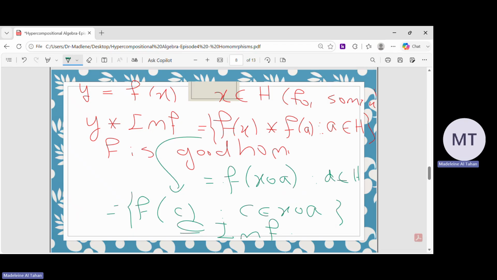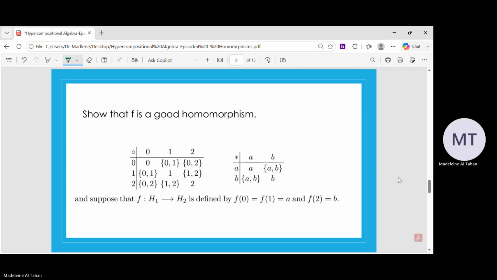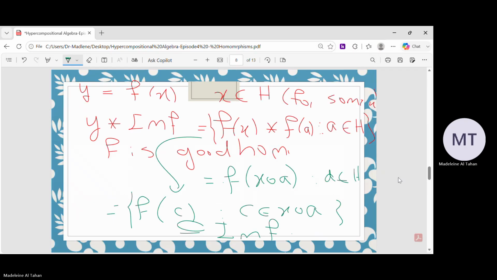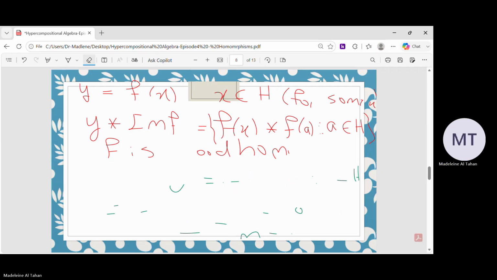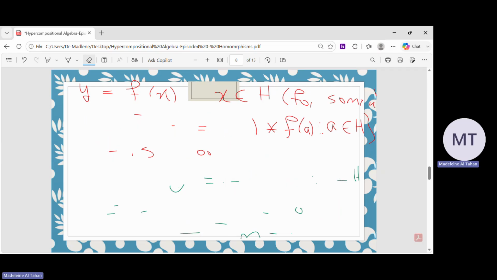Our aim now is to show that image of f is a subset of y star image of f. How can we do that? Now we'll take an element.